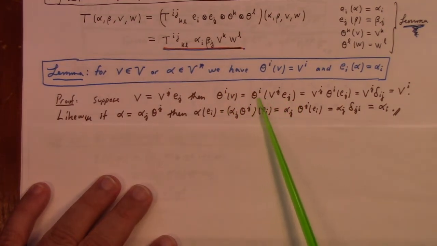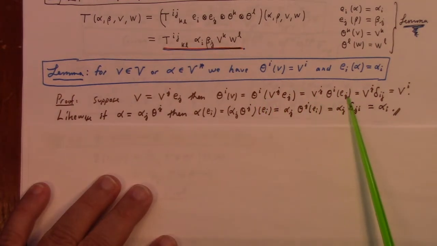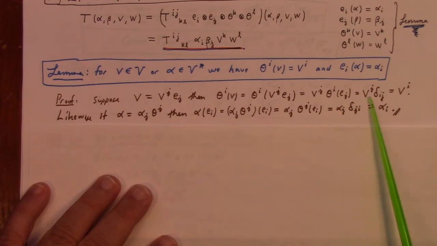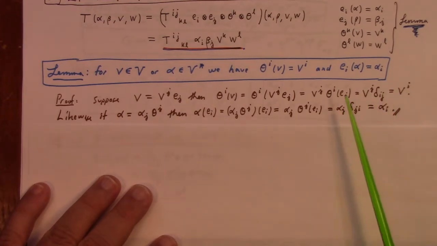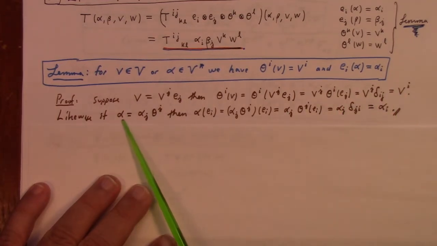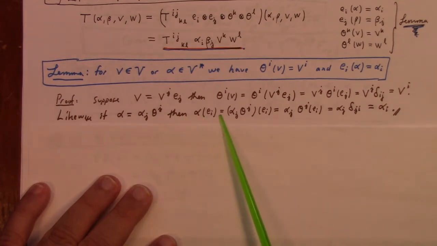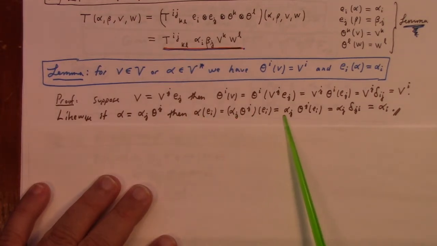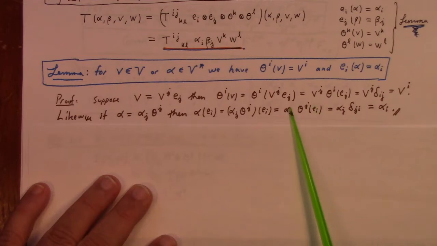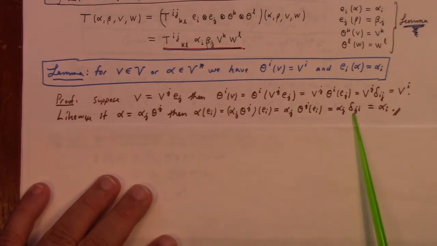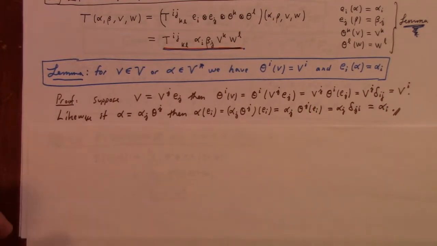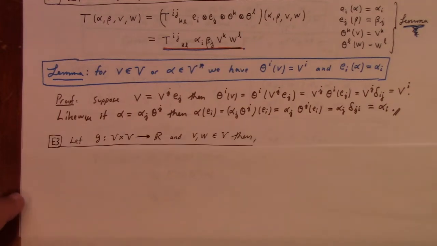Linearity allows me to pull the sum over V^j out, and then by definition we had delta^i_j for that, which gives us V^i. Yay! Likewise, if we look at alpha on e_i, it is this, which is alpha_j, and then that gives us Kronecker delta^j_i, which is alpha_i. So there you go. Not complicated, but there it is.